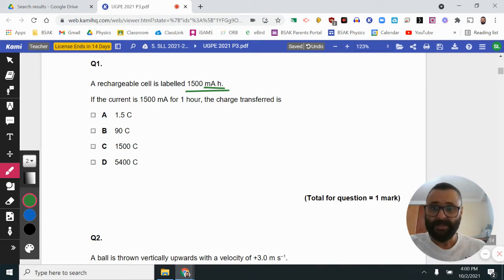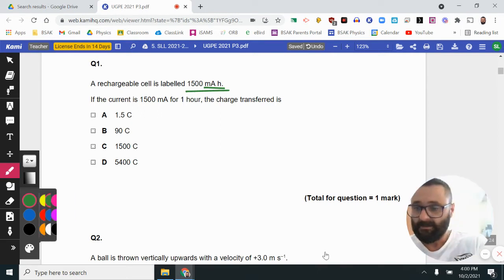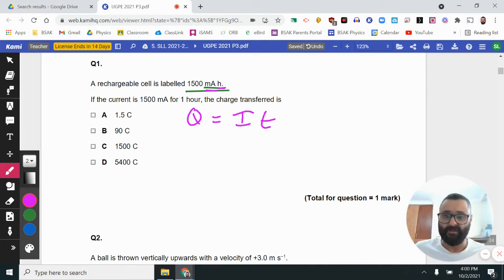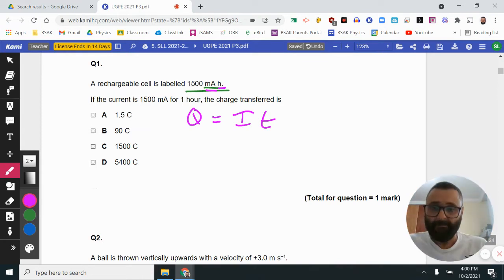Milliamps times hours, current times time, so we know that Q equals IT. It should be fairly straightforward there.